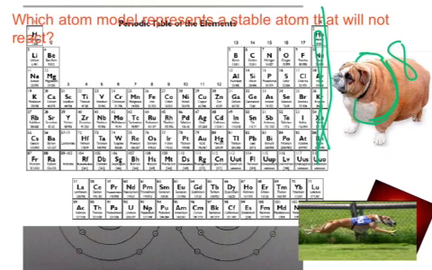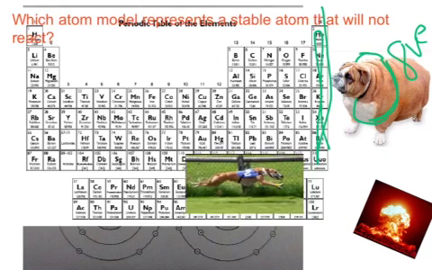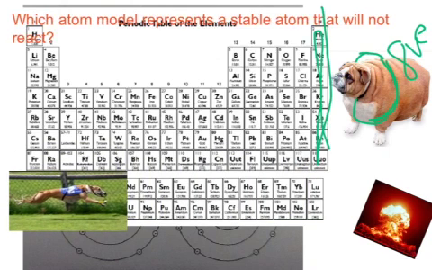And then our skinny dogs, the hungry dogs, are the most reactive group, right here in group 1 with 1 valence electron. So they're the most reactive group on the periodic table. So the fat dogs, the most stable group, the one that doesn't react with anything, have 8 valence electrons, and our skinny dogs have 1 valence electron.